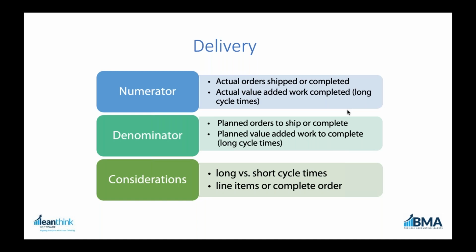If I'm a customer and I place an order with 5 line items in it, and I expect all those five line items to be shipped at the same time, that's what you measure. However, if it's customary within your business that a customer places that 5 line item order and they're okay if they're shipped at different times, then you can measure it that way.